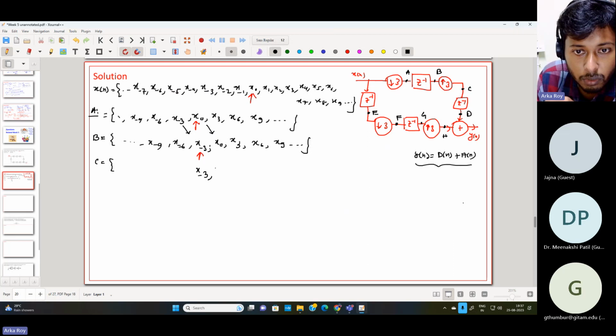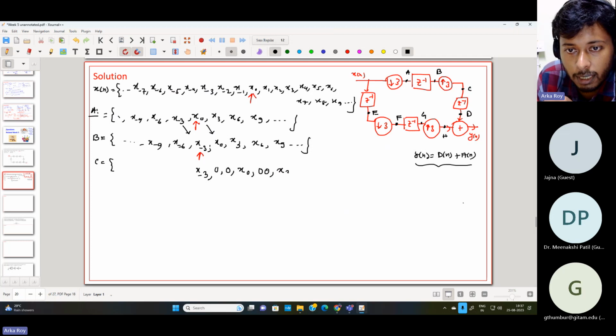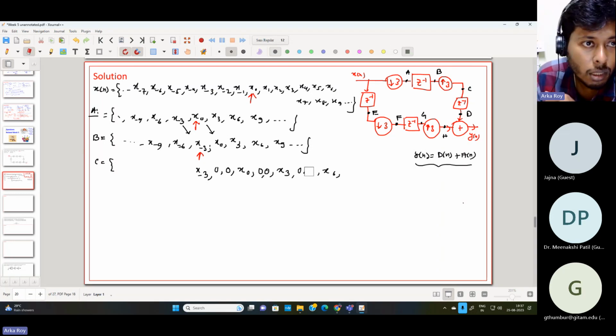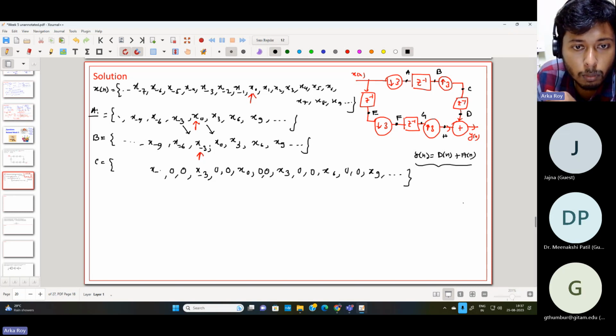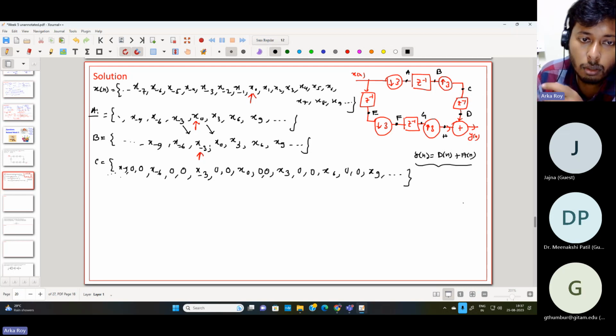So here the injection will be 0 0, then x0 0 0, then x3 0 0, x6, 0 0 x6 0 0 x9, and then dot dot. And similarly over here 0 0 x of minus 6, then 0 0 x of minus 9, and dot dot. So at the C location, at the zeroth position, x of minus 3 will be there only.